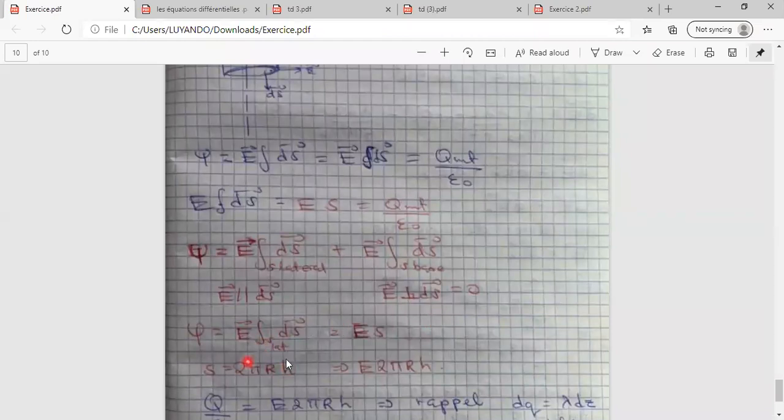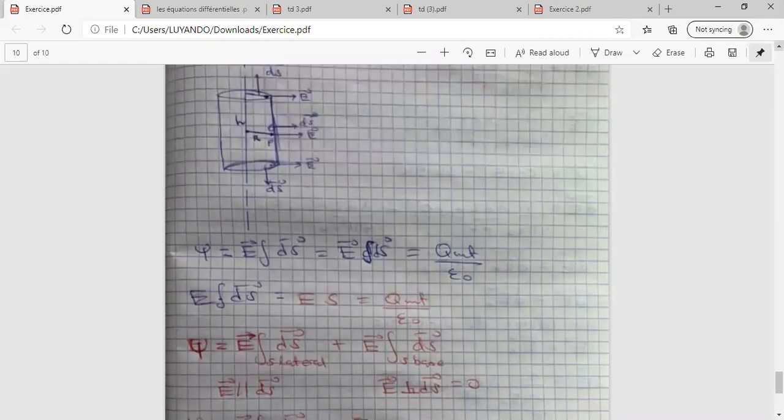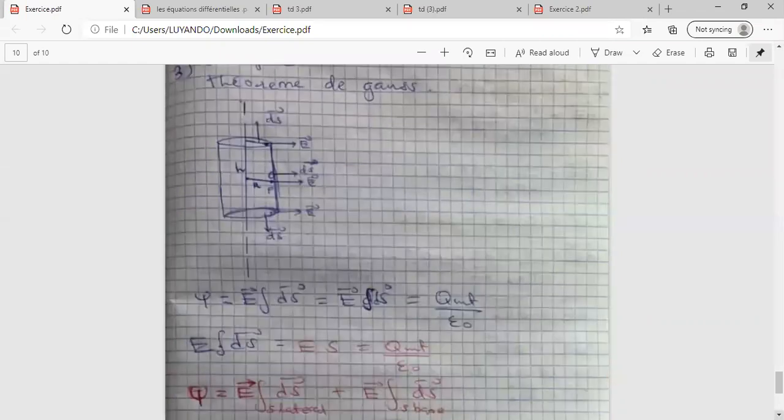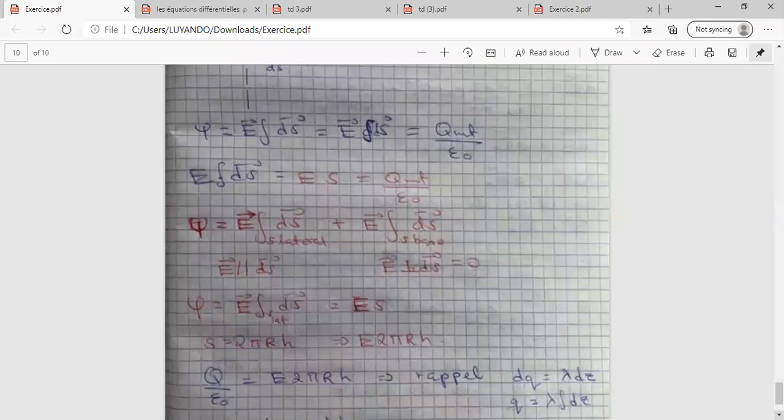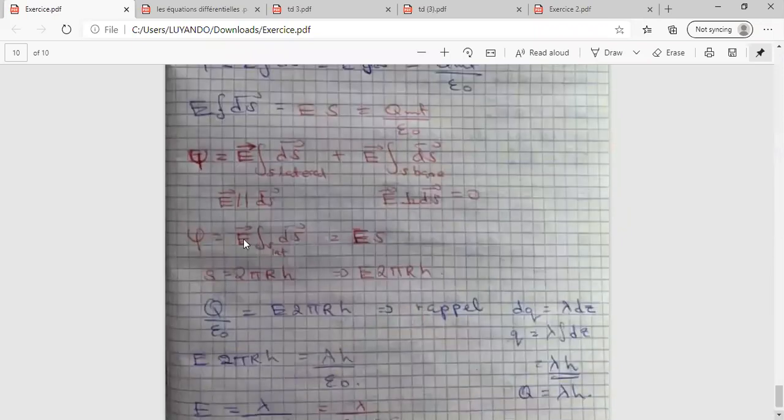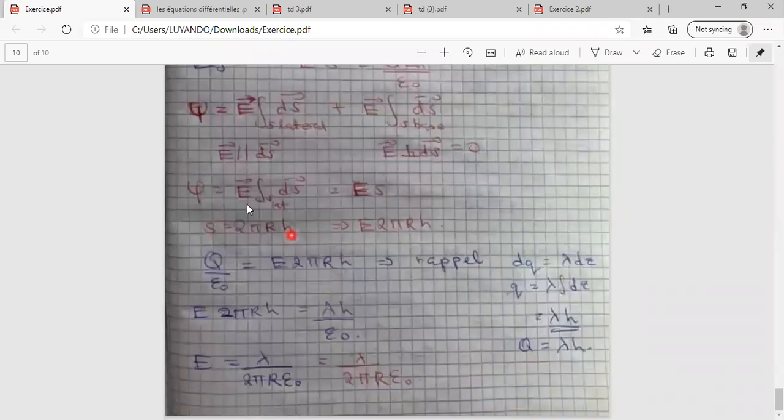So we're going to have 2 pi r h, because this is the cylinder, it has height. That's the surface area of the cylinder. So if we replace S, we're going to have E 2 pi r h.